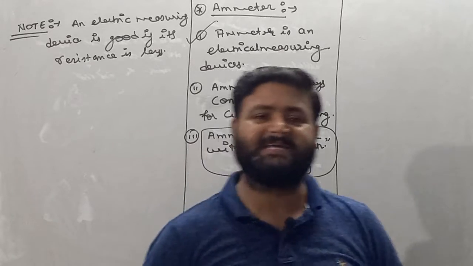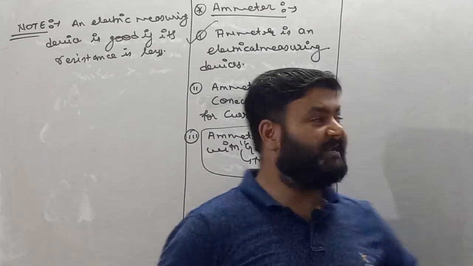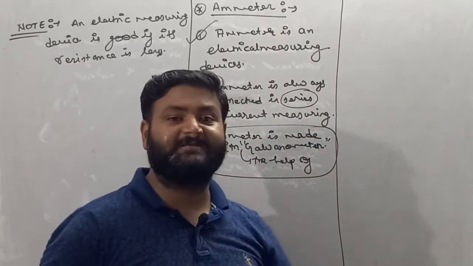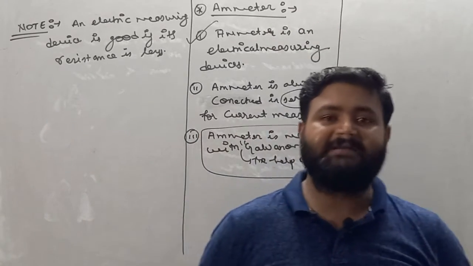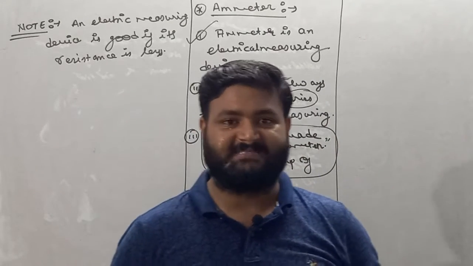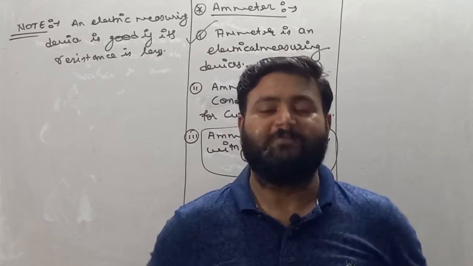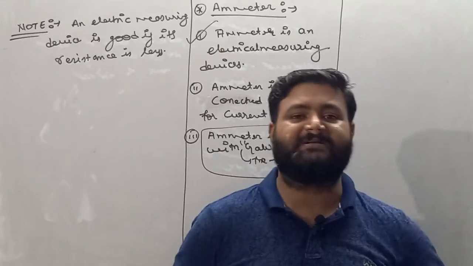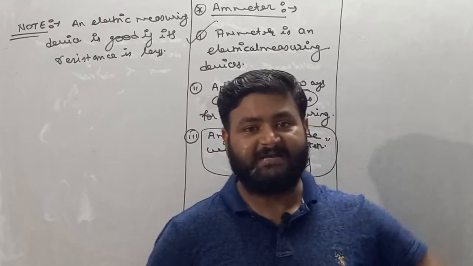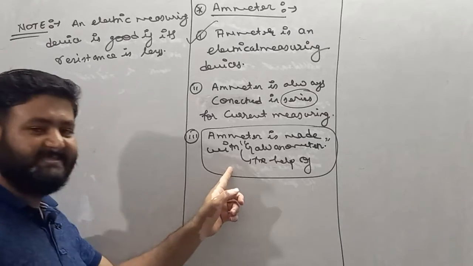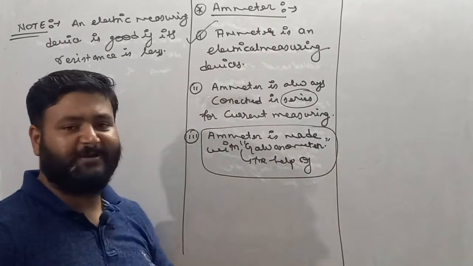Similarly, ammeter is also an electrical device, so ammeter also carries its own resistance, but that ammeter is ideal whose resistance is less. So we'll conclude that if a device is an electrical measuring device, then its resistance must be less. And one more point is there, that ammeter is made up of galvanometer.